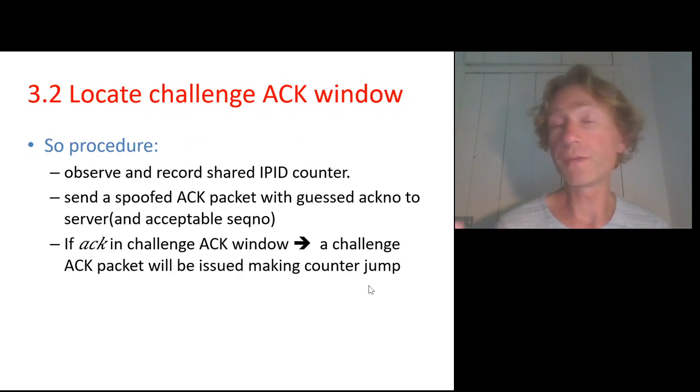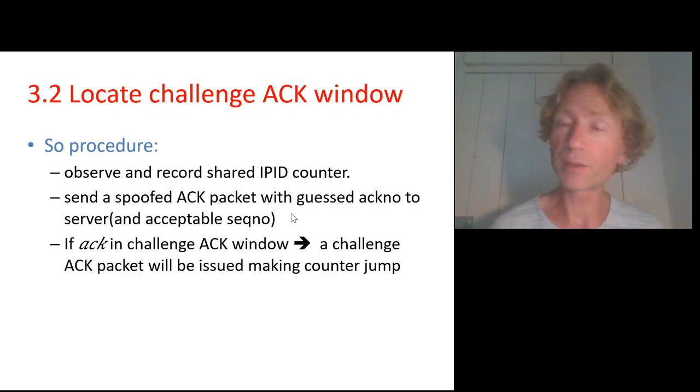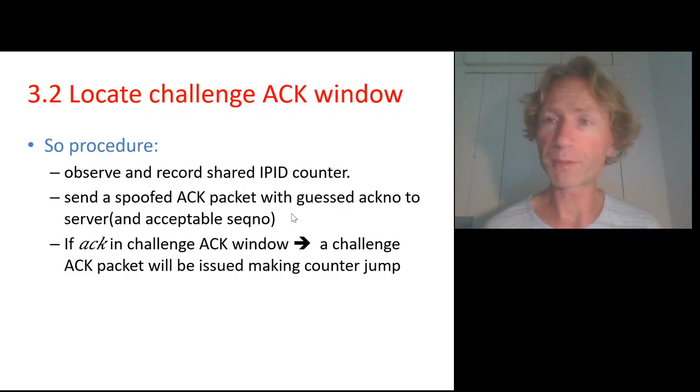So the procedure is very similar to what we saw earlier. We again observe and record the shared IPID counter. We can do this by continuously probing for that. And then we send one spoofed ACK packet, some data packet, with a guess for the acknowledgement number, right? And the sequence number that we already found to be in an acceptable range.